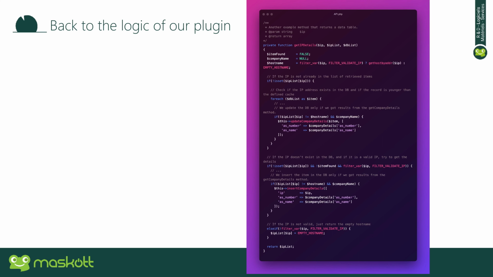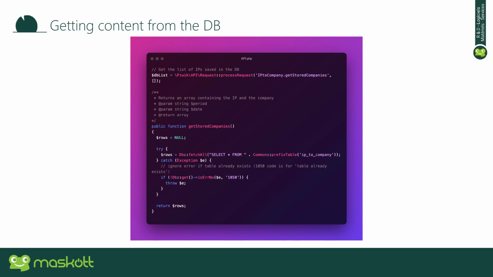So how do we exactly communicate with the database? Here are methods that I created to have a more readable code. But if you look at it, get stored companies, it's just a call using the DB class provided by Matomo with a specific method called fetchAll, and then you can pass the SQL request that you want to be performed on your database.